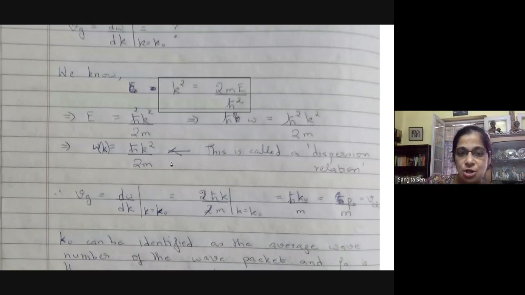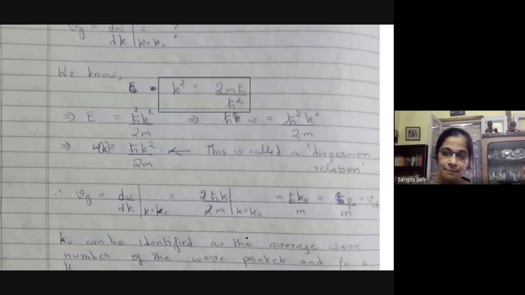So this is the expression for a free particle that we have obtained here. But whenever you have a function of the angular velocity in terms of k, or the wave constant, this is called a dispersion relation. You will encounter this in other fields of physics as well. So this expression is called a dispersion relation, and it can have different forms. For our free particle, it looks like this. And then you can evaluate this d omega dk.